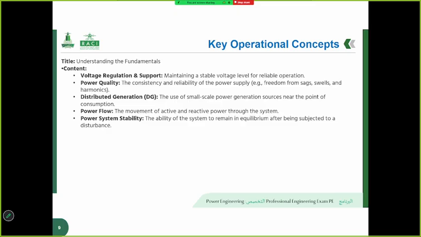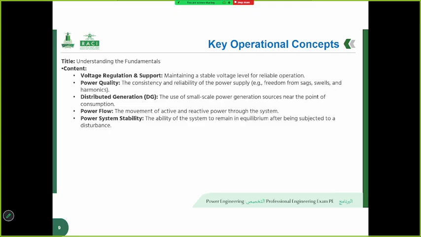The presence of harmonics, for example, can cause overheating in transformers and motors. Engineers use various techniques such as filters and active power conditioners to mitigate these issues and ensure that the power delivered is a clean and stable sine wave.